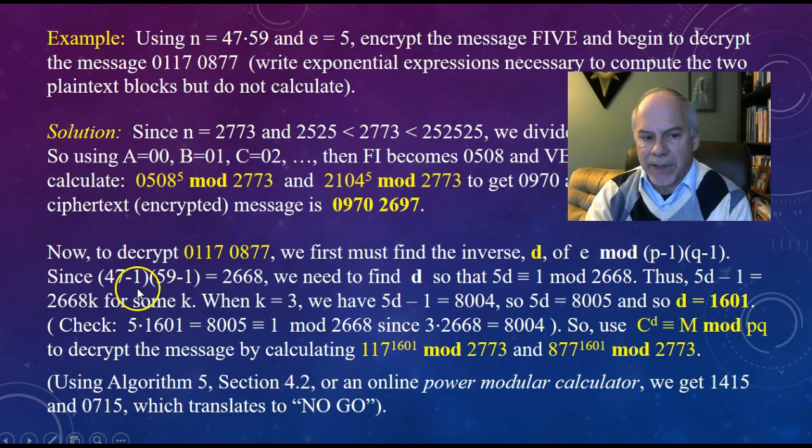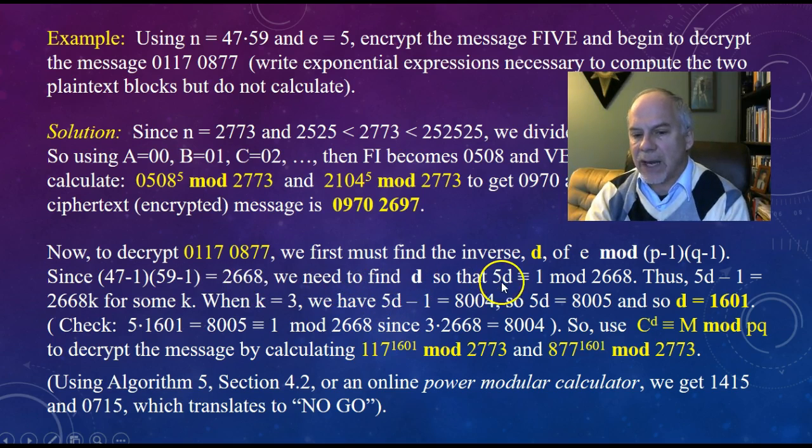Now, (P minus 1)(Q minus 1) is 47 minus 1 times 59 minus 1, in other words 46 times 58, which is 2668. And we need to find D so that 5 times D is congruent to 1 mod 2668. Right?